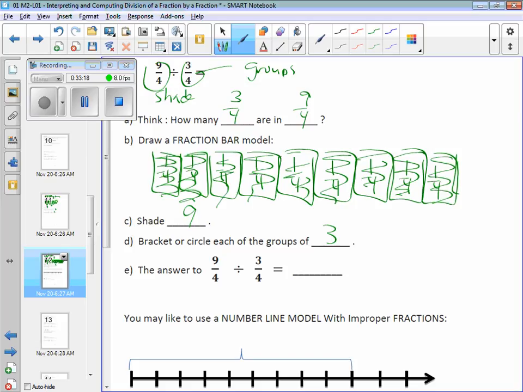Because I only made as many boxes as I need to shade. You'll see when we get even more advanced, there'll be more boxes than what we need. When we have what's called partial, like what we did where we had that remainder of 2 with 2 1/3, you'll see, we'll get to that, where you're going to make more boxes than you need because there'll be partial leaps or partial groups.